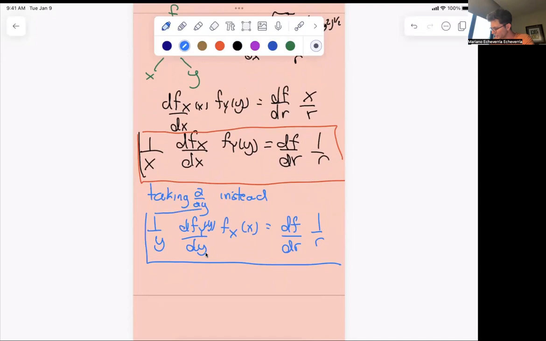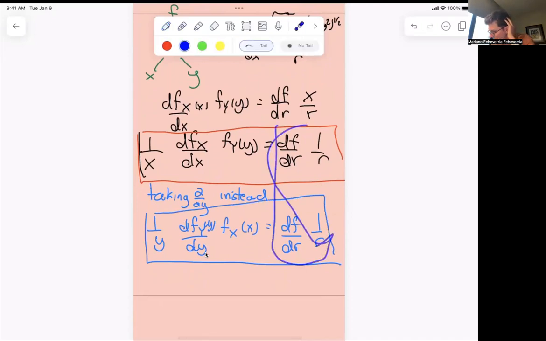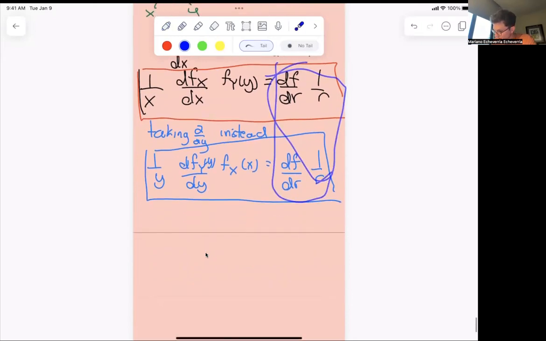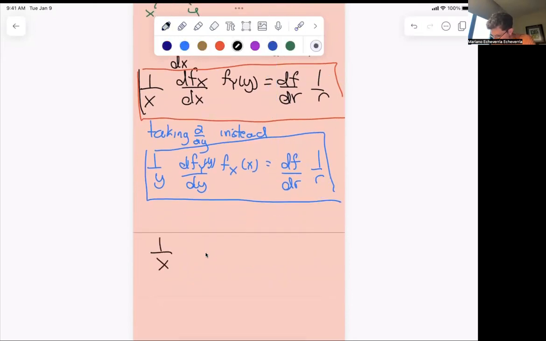But what do you notice between these two equations? What you can notice is these two sides agree, right? They're the same right-hand side. So that forces 1 over x times f sub x to equal 1 over y times f sub y.